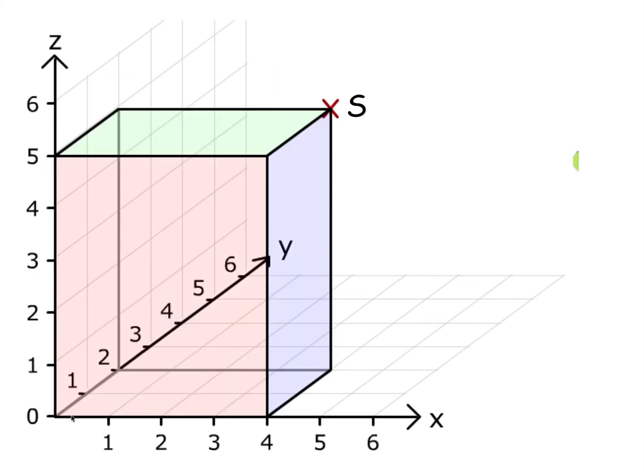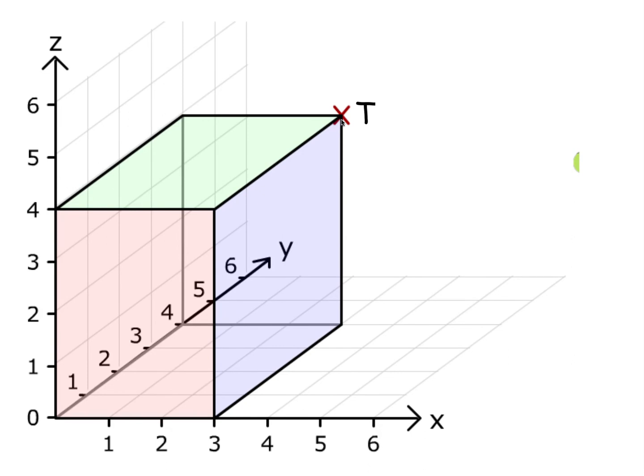This cuboid length is 4 units, the width is 2 units, and the height is 5 units. So for point S, it's x coordinate 4, y coordinate 2, z coordinate 5. So that's 4, 2, 5, x, y, z.